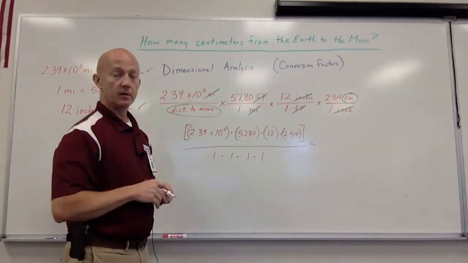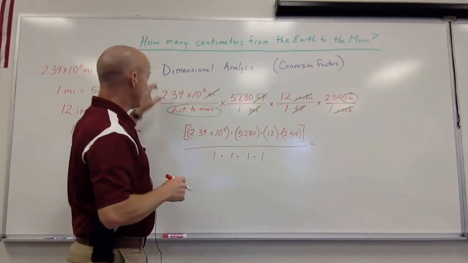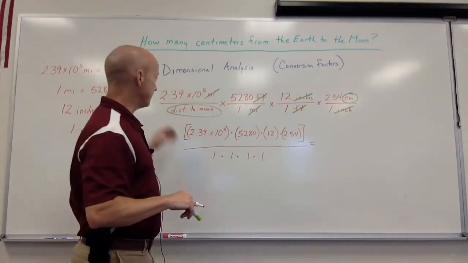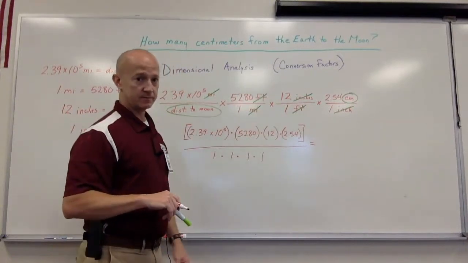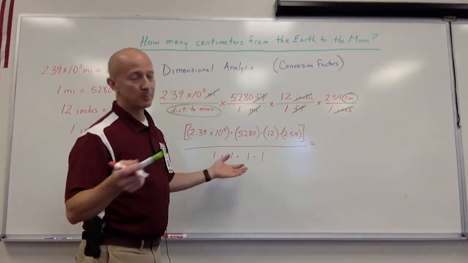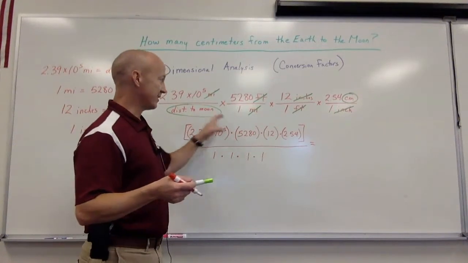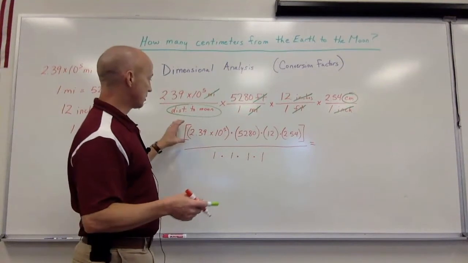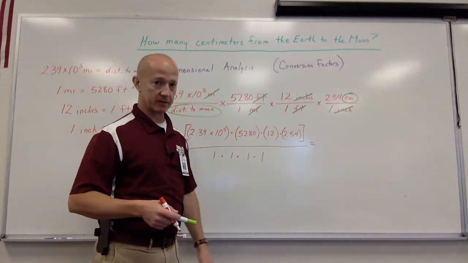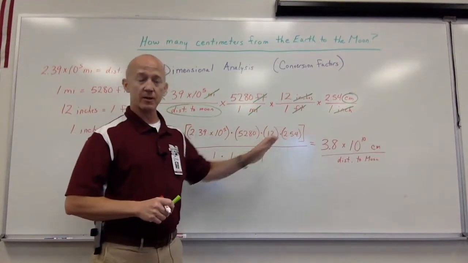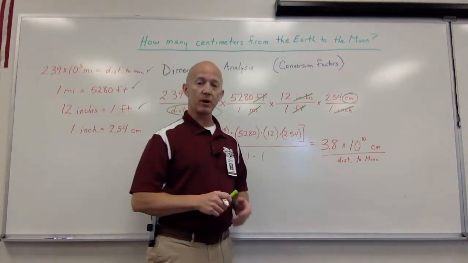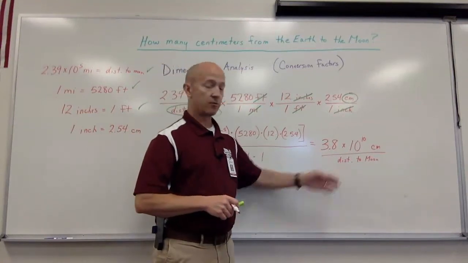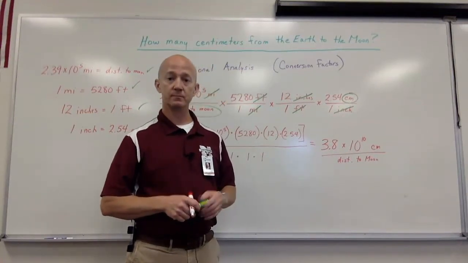So let's do just that. Now, normally what we do in this case is we multiply all the tops together and then divide it by all the bottoms. So that's what I've done here. But as it turns out, all of our denominators had a value of 1. So essentially we're just multiplying all the tops together. So when we multiply this all together, we get a value of 3.8 times 10 to the 10th power centimeters for our distance to the moon. So there you go.